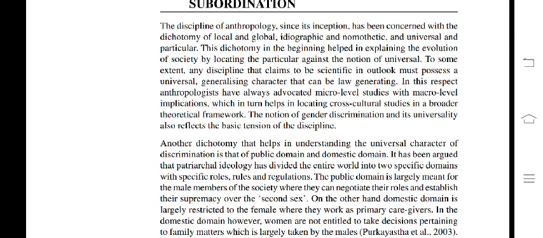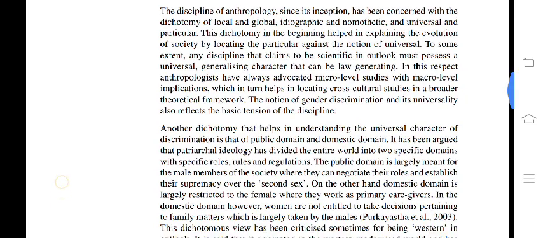To some extent, any discipline that claims to be scientific in outlook must possess a universal generalizing character that can be law generating. In this respect, anthropologists have always advocated micro-level studies with macro-level implications, which in turn helps in locating cross-cultural studies in a broader theoretical framework. The notion of gender discrimination and its universality also reflects the basic tension of the discipline.